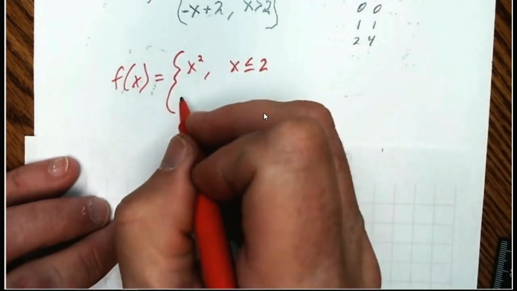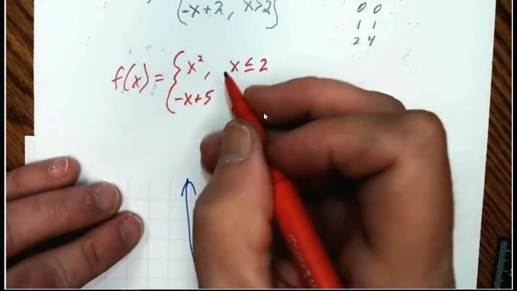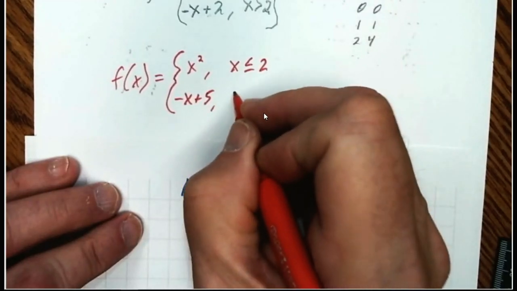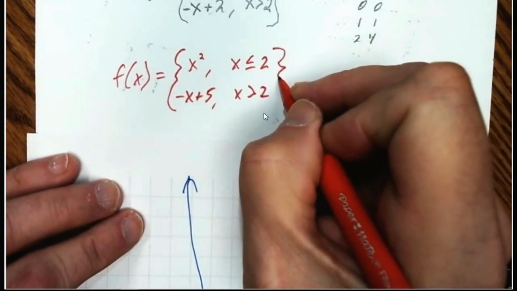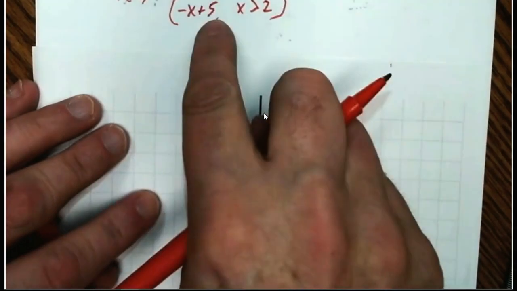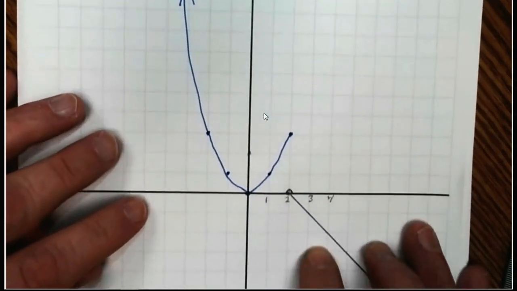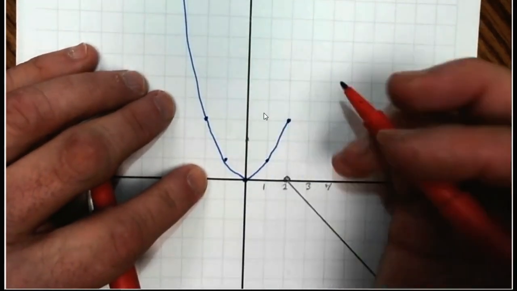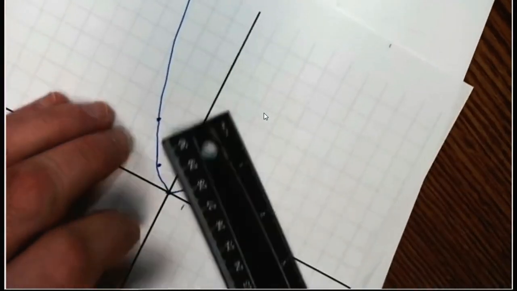But this one I'm going to change to negative x plus 5, when x is greater than 2. The only thing I changed is instead of plus 2, it's plus 5, which is going to raise this graph up 3. If I raise it up 3, now it connects right there. I don't have to worry about a hollow circle.